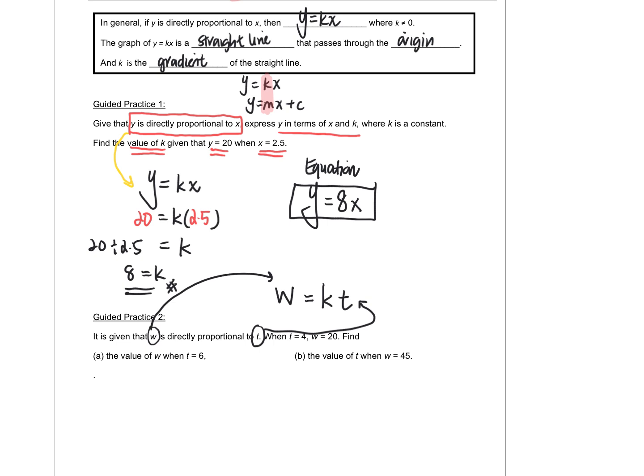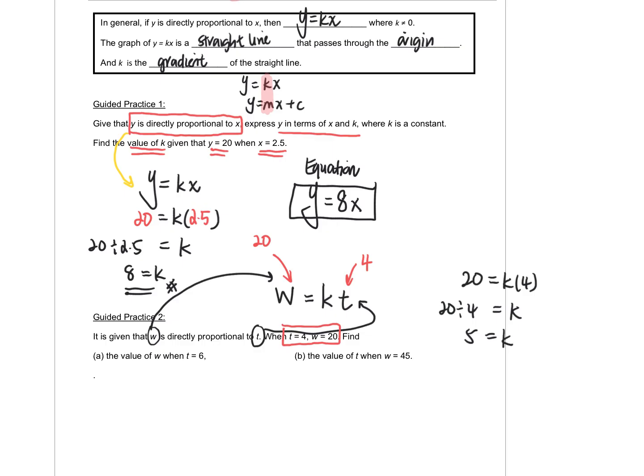So when they say w is directly proportional to t, you are right. W equals to kt. Not everything is y and x. So now they tell me t is 4 and w is 20. So I'm going to put this as 4, put this as 20. So k will be 20 divided by 4, which is 5.